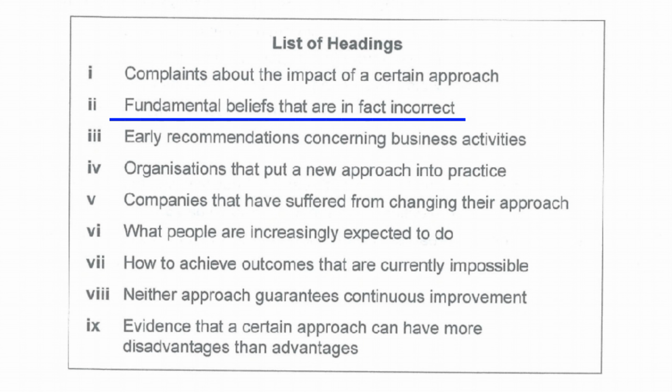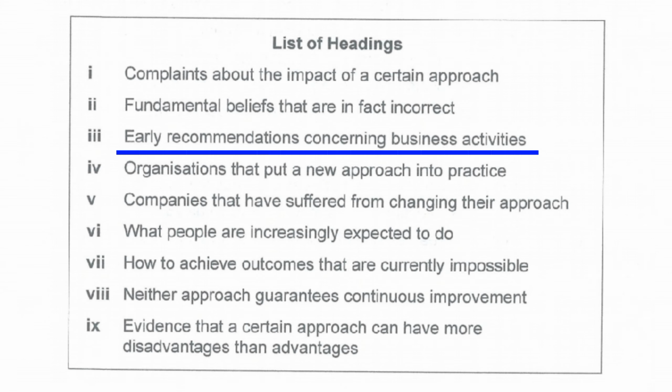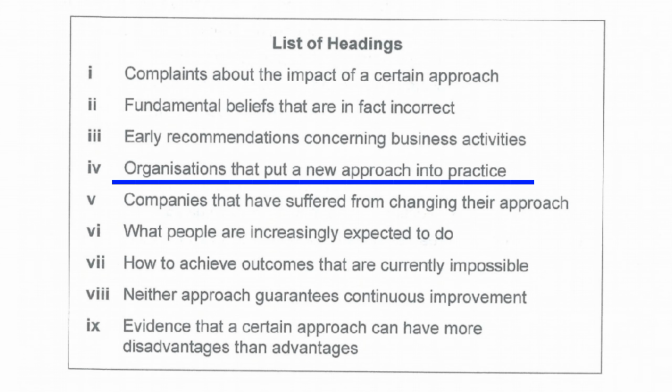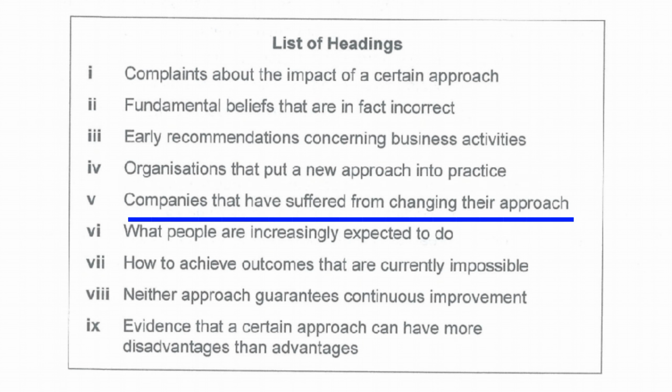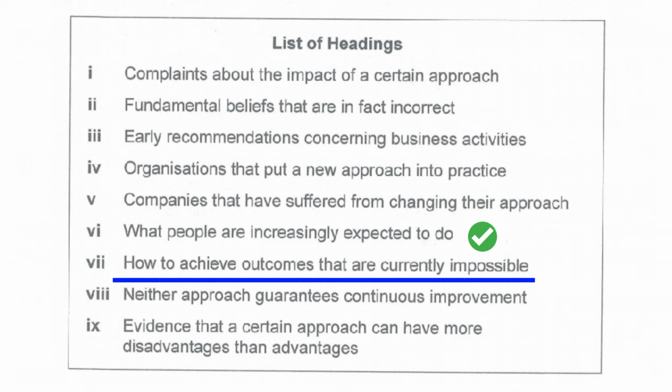Fundamental beliefs that are incorrect. No, no beliefs are incorrect. Nothing is mentioned. Early recommendations. No, nothing about early recommendation. Organizations that put a new approach. Nothing about organizations. Companies that have suffered from changing their approach. No companies have been discussed. Sixth is done. Seventh, how to achieve outcomes that are impossible. No, nothing about outcomes and impossible.